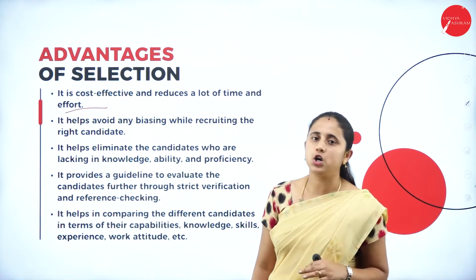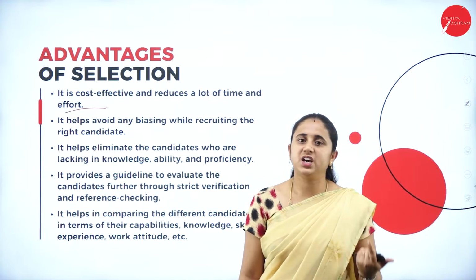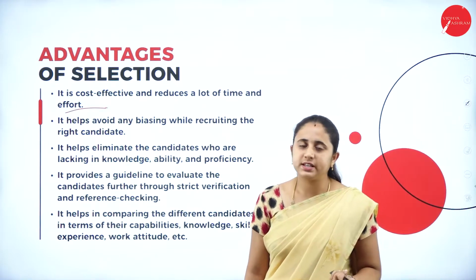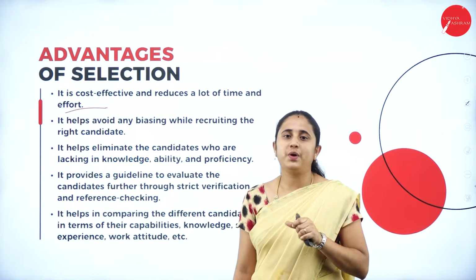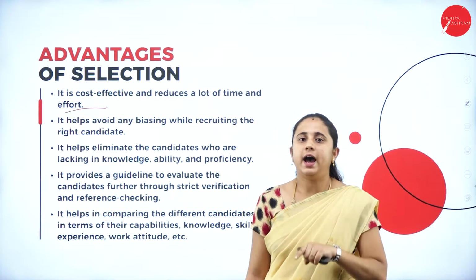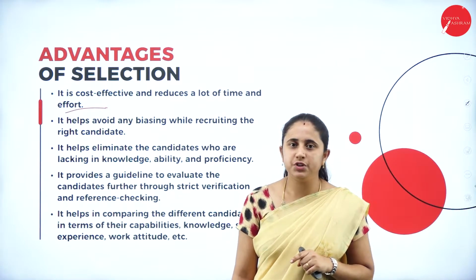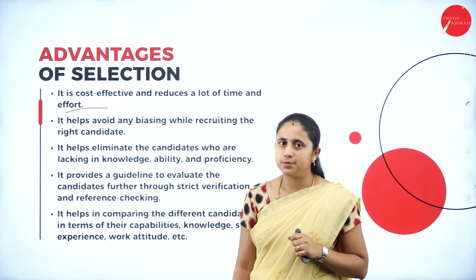So it reduces the cost for the management. Also, the job specification, job design and job description specify the requirements for the organization. They specify the skills and knowledge for the job as well as the ability and experience of the individual. So it reduces the time for the management in this selection process.